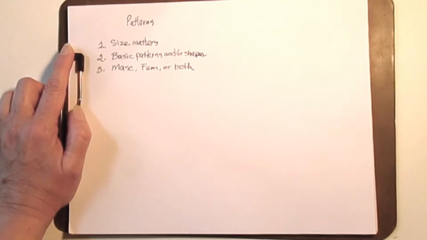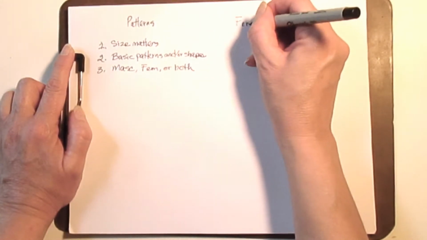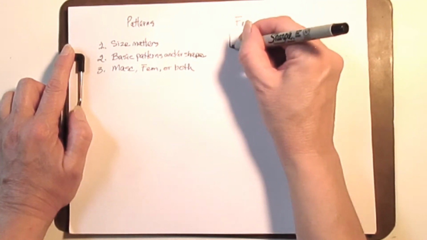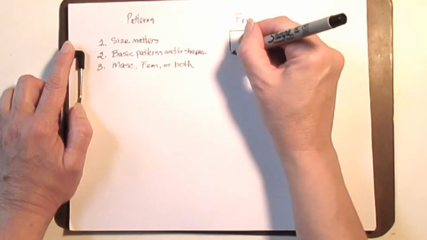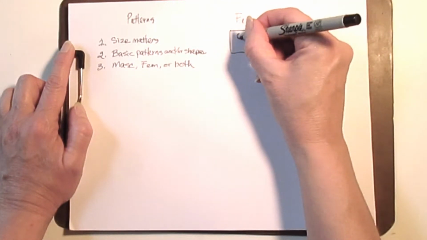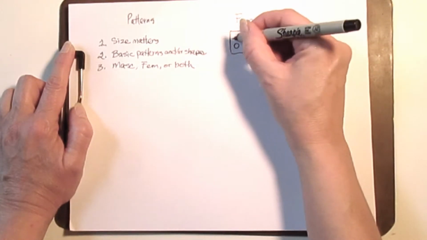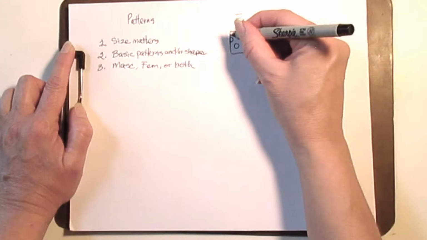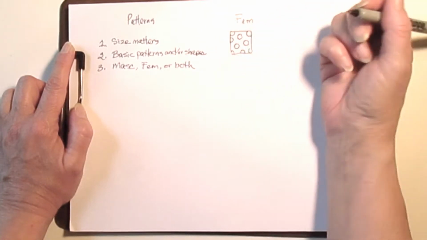I'll draw a few examples. Here's feminine. And of course, this is probably my favorite. Love circles, dots. There you go.